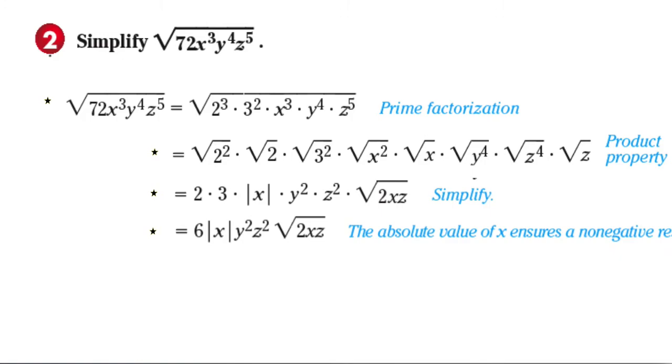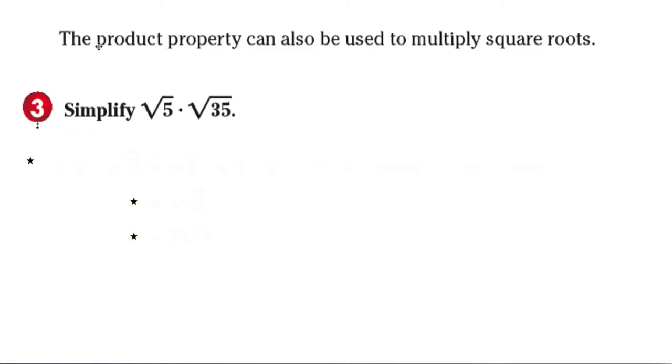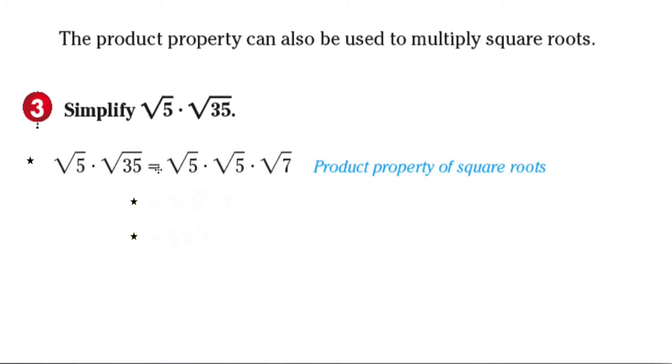So, again, on example 3, the product property can also be used to multiply square roots. If you want to simplify radical 5 times radical 35, copy the problem. You can say that radical 35 is the same as radical 5 times radical 7. Again, the property of square roots.